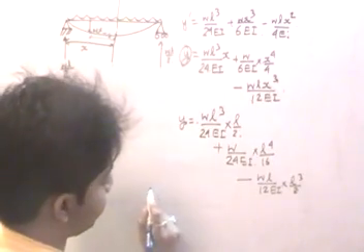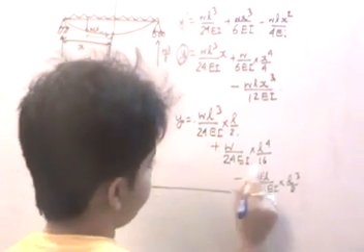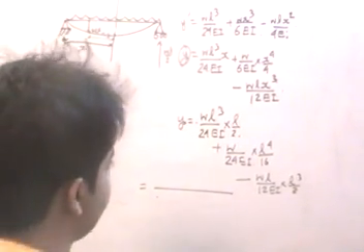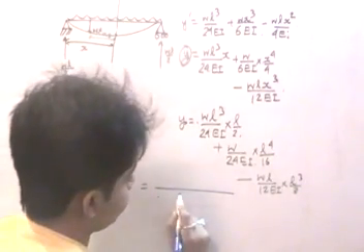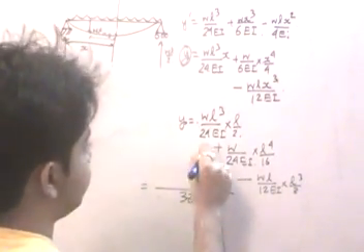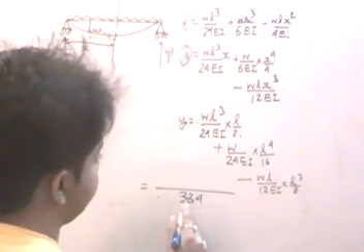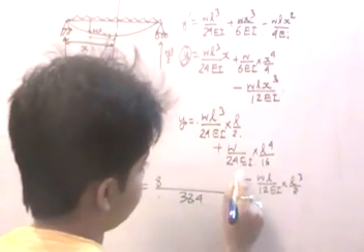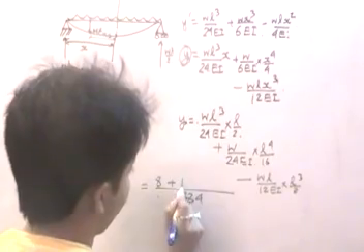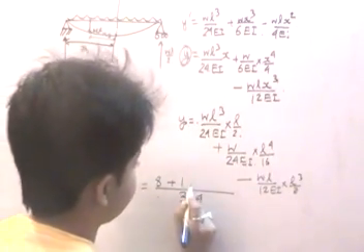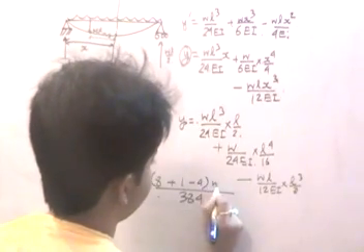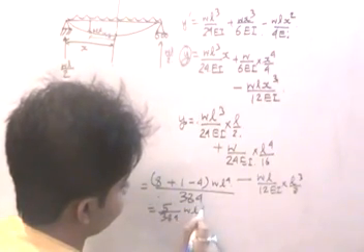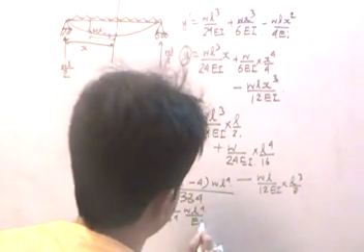Taking the common denominator 384, this becomes 384 divided by 48, which is 8, plus 1, and minus 4, so 5 by 384 WL to the power 4 by EI.